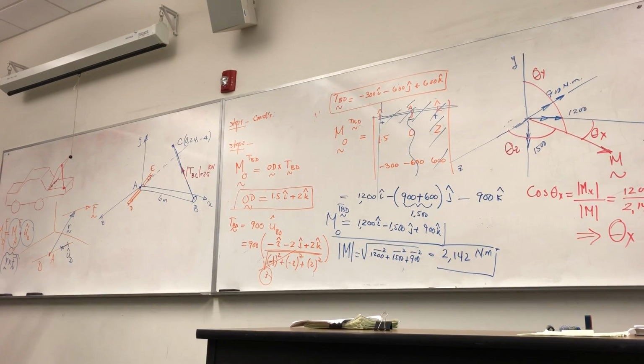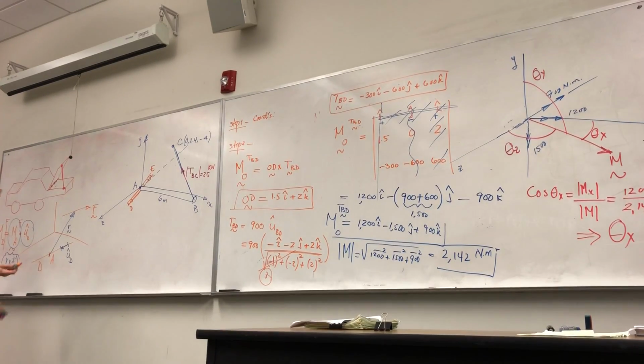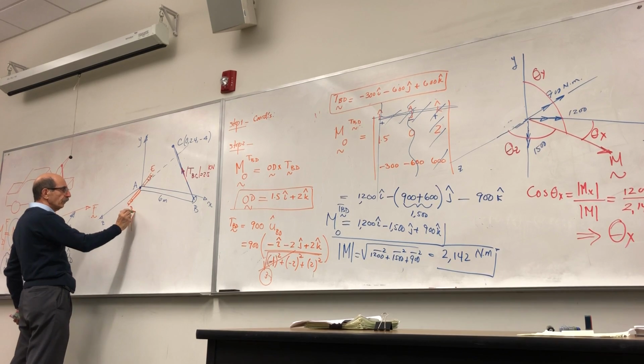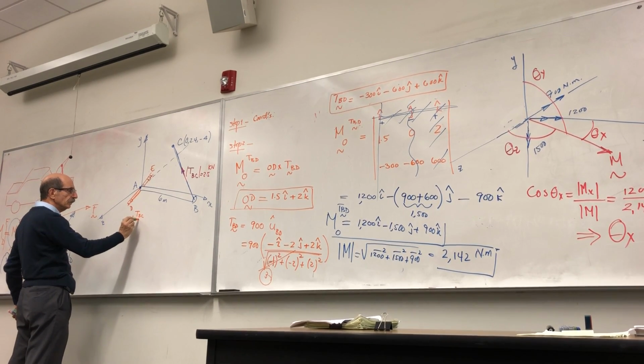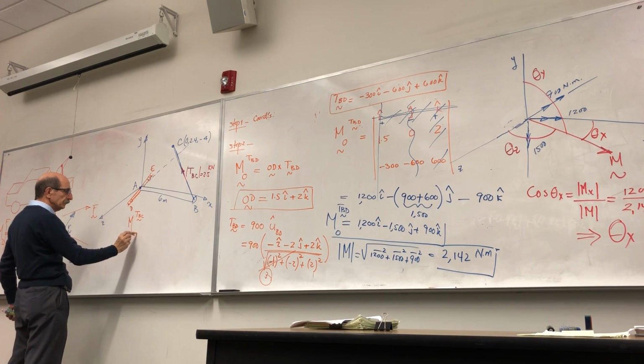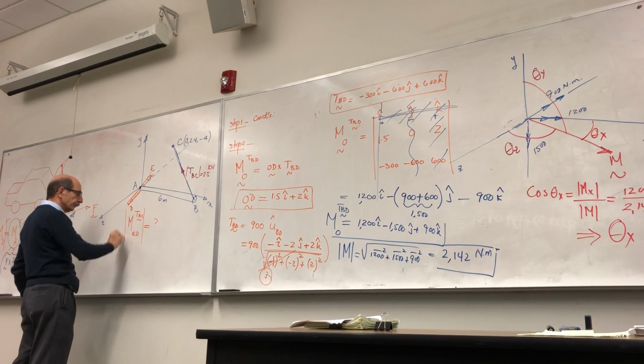So you have some rotational springs that you want to design. Therefore, you want to find the moment of this force BC about this axis ED. That's what you want to find. Okay.